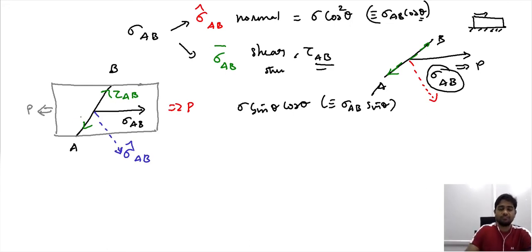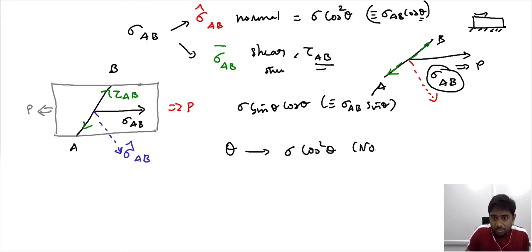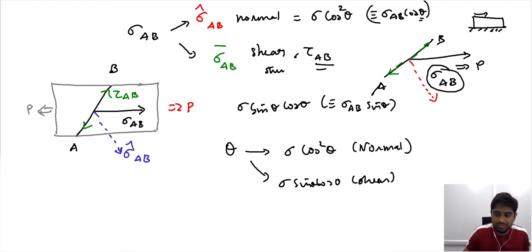So what essentially we have is, in the case that we have considered, two components of stresses for the region of interest. We have considered a region of interest that is inclined by an angle theta, and because of this inclination we have two components of stresses: cos square theta, which we refer to as the normal stress, and sin theta cos theta, which we refer to as the shear component of stress.